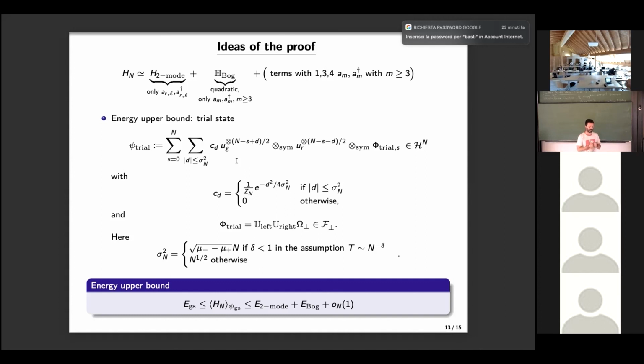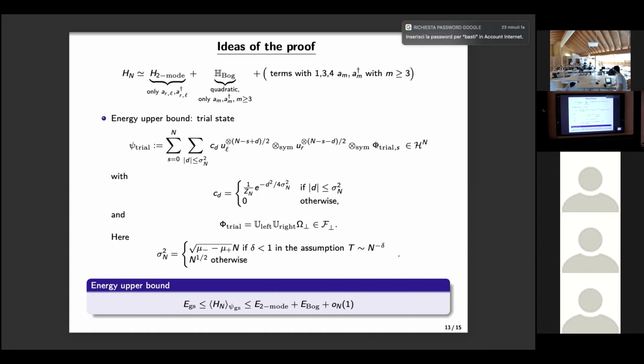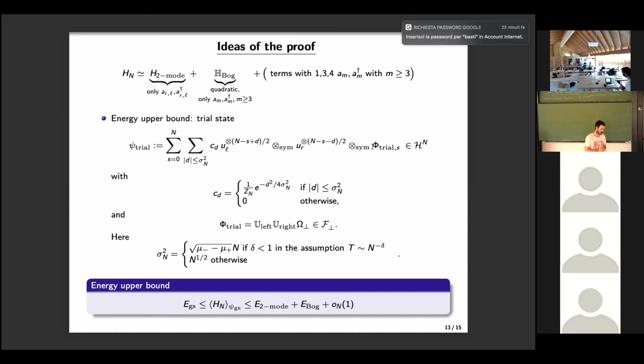So yeah, it's difficult to say, for the infinite system in Fock space, what is the thing that goes here.